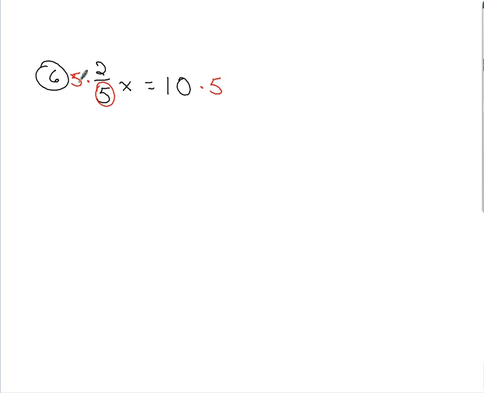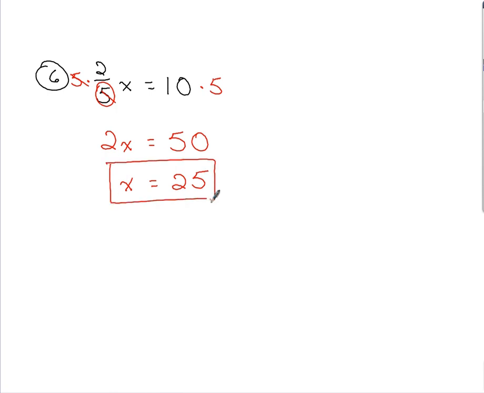So 5's cancel. We got 2x left equals 10 times 5, 50. Pretty easy to solve from here. Divide 2 to both sides. X is 25. So there's a little strategy you can use even on some of the slightly more complicated problems where fractions are involved.